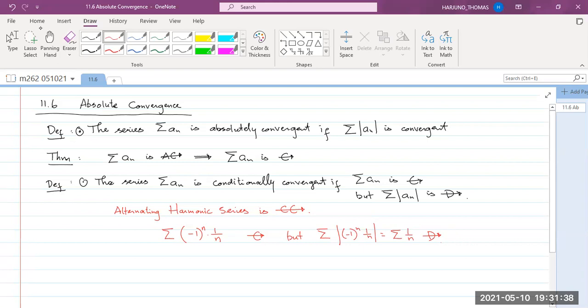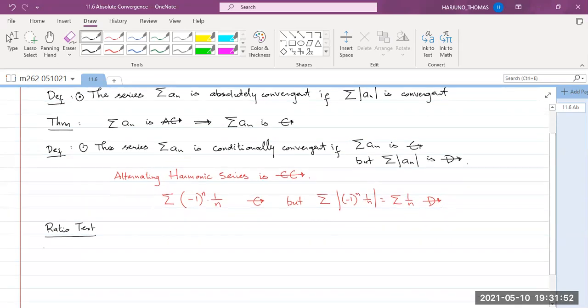We have a new test here called the ratio test. That says the following: if the limit of the next term over the current term in absolute value is positive, of course, because that's absolute, and less than 1, it implies the series is absolutely convergent.